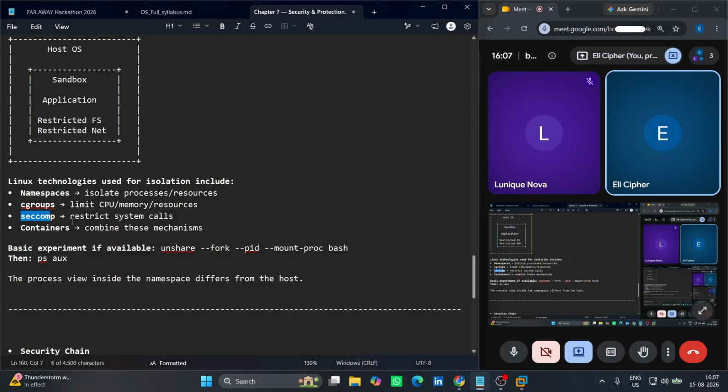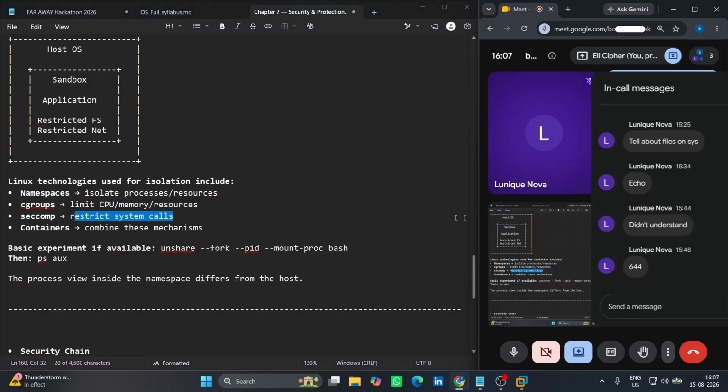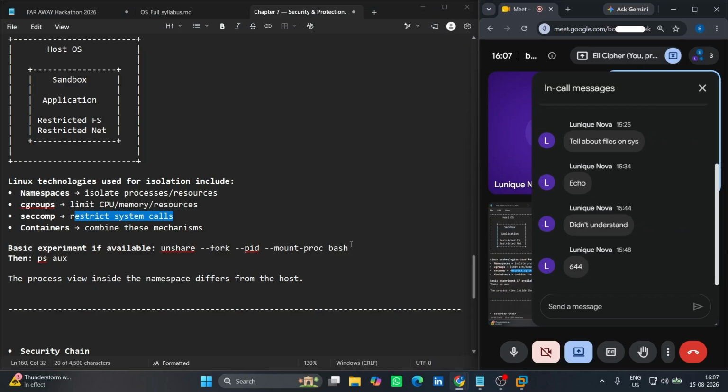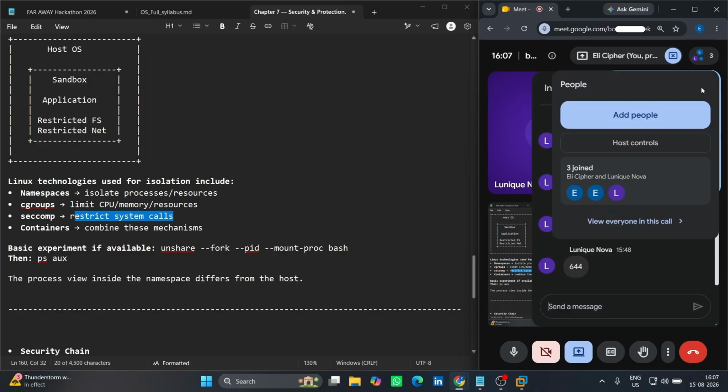Then seccomp restricts system calls, right? What are system calls, Unique? What are system calls? Do you remember? Yes, I think you are writing. Okay. Unique, write fast.